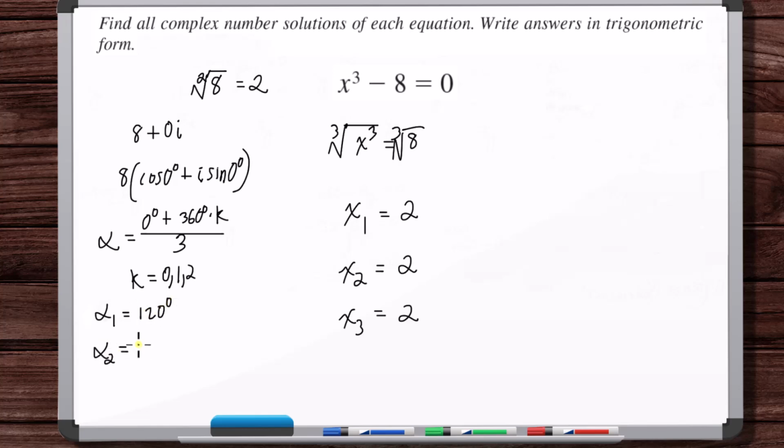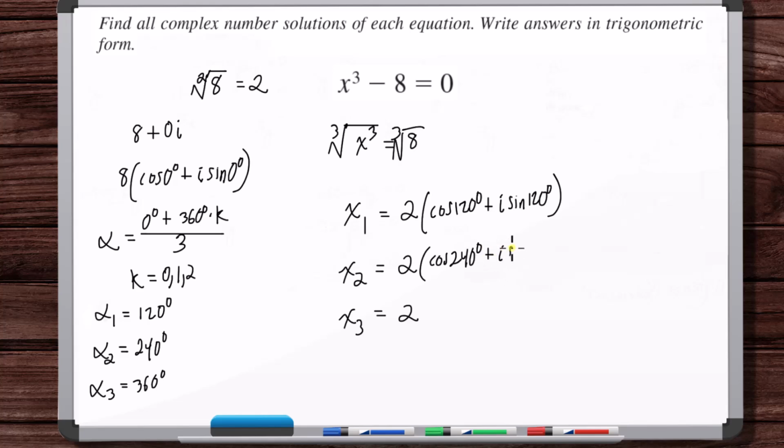Alpha 2 is going to be 240. Just keep adding 120. Alpha 3 is going to be 360. So 2 cosine of 120 plus I sine of 120, and then cosine of 240 plus I sine of 240, and then cosine of 360 plus I sine of 360.